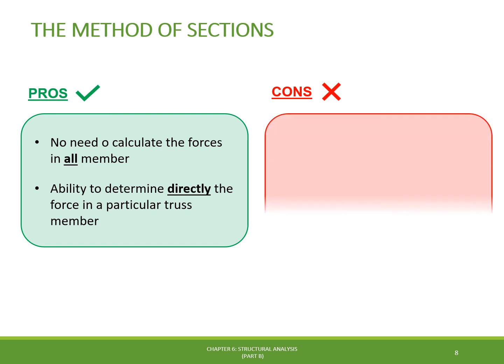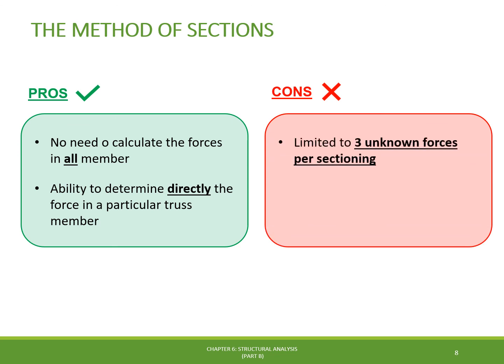For the cons, we can highlight that this method is limited to the calculation of maximum 3 unknowns per section. If we have to determine the forces in more than 3 members, more sections are required, which can make the solution process a little bit more complicated.